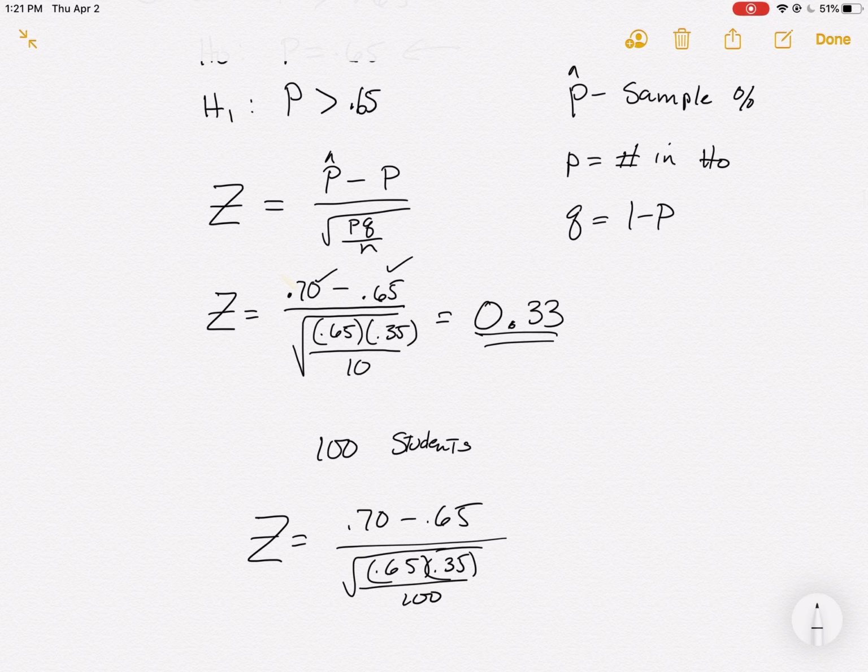And if I do it that way, if I take my 0.05 and divide that by the square root of 0.65 times 0.35 divided by 100, I get something stronger, but it's not really that strong, 1.04.